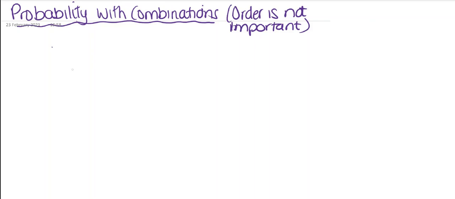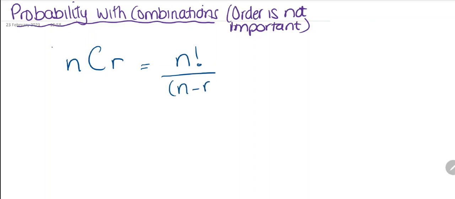So we're going to look at the number of combinations, n factorial divided by n minus r factorial, multiplied by the number of times that an object is taken, r factorial. So this could be the number of combinations.